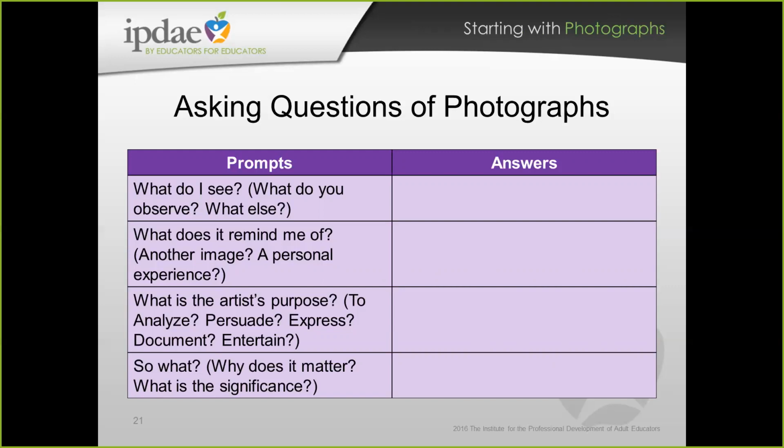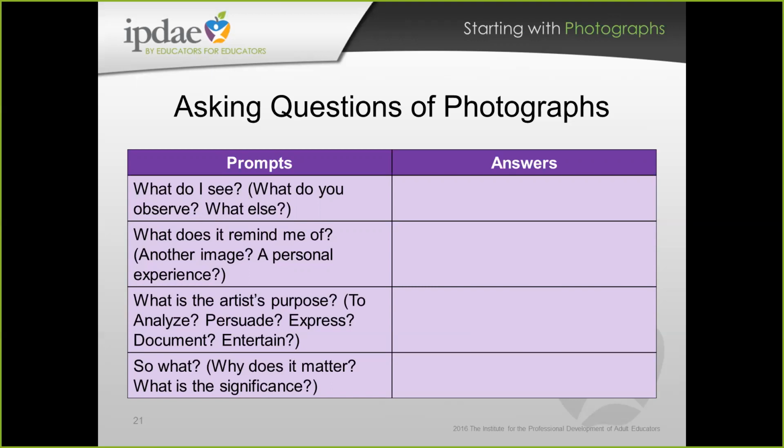Now, you have some of these items in your workbook, but for this session, Susan and I are going to work through these questions as we look at different photographs. And Susan, for a bit, is going to act as my student, and I'm going to ask her these items like you would ask any of your students in the classroom.